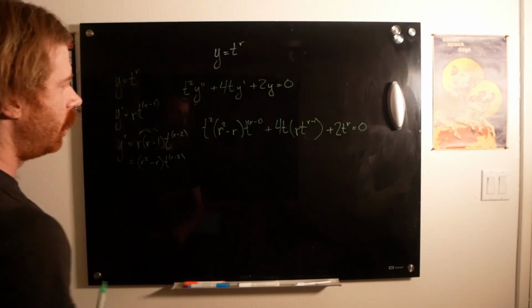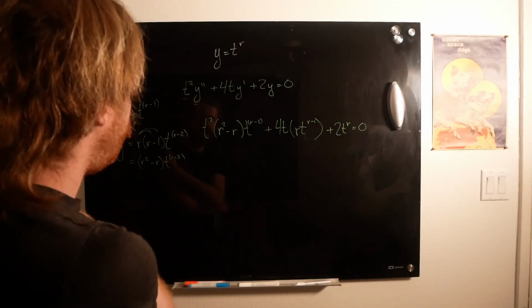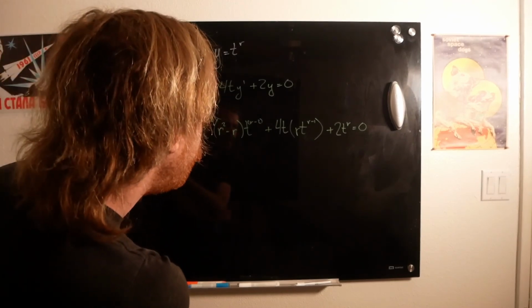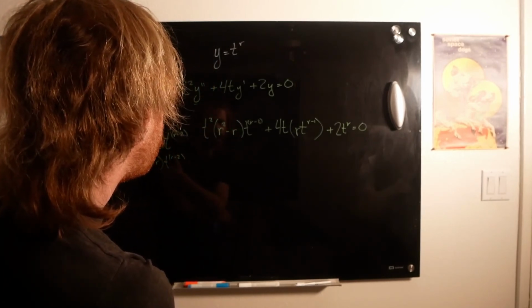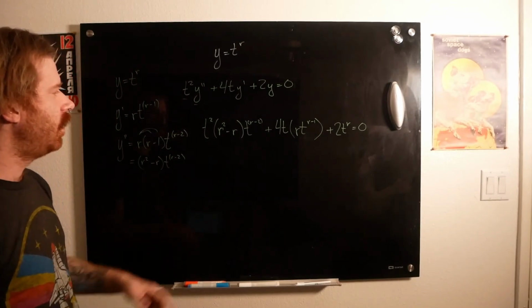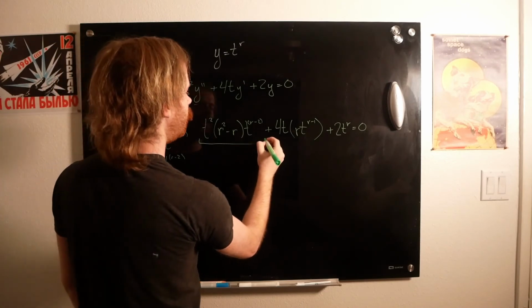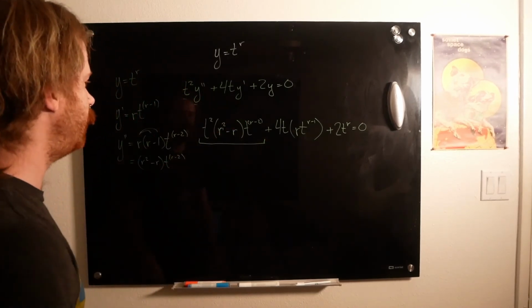Now this might look like it's going to be a little tricky, but I really don't think it's that bad. We can take this t squared. Since this whole term is multiplied, we have two bases of t.